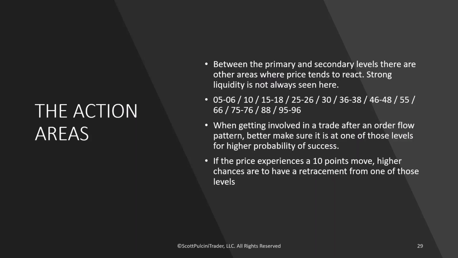And that's where we are going to look for entering, look for our exhaustion or absorption patterns and enter our trades. And those areas are between 5 and 6, or 5 and 06, the 10, the 15 and 18, around, you know, these small areas.